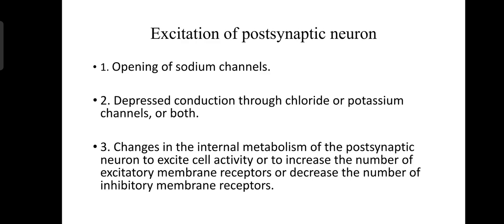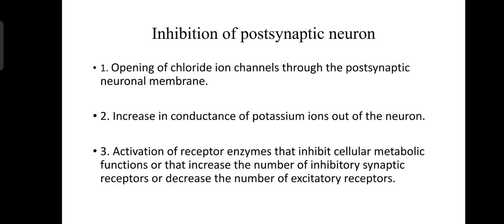One of two actions will result in the postsynaptic neurons. Either it will be excitation, by opening of sodium channels, decreasing the conduction of the chloride or potassium channels, or changes in the metabolism and cellular activities, or the number of receptors within this postsynaptic neuron.